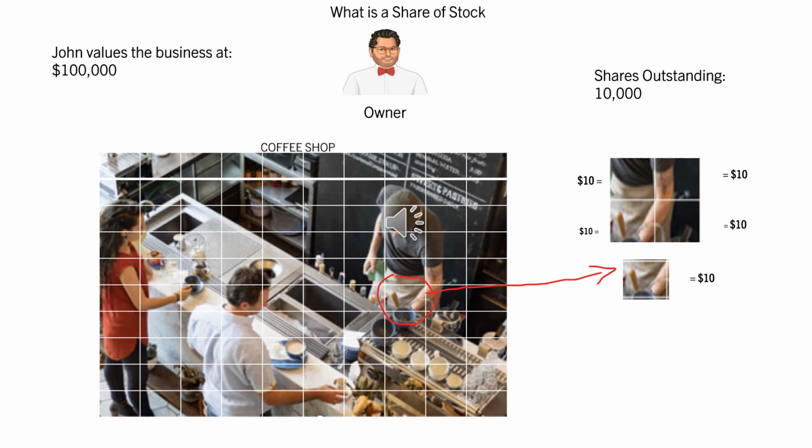As you can see, I took the picture of the coffee shop, which was a whole business, which he was valuing at 100,000, and he was trying to sell it with no luck, no buyers. And what he did is he divided this company into what we are going to say is 10,000 pieces. As you see, the little squares represent that. He split that business up into 10,000 different pieces.